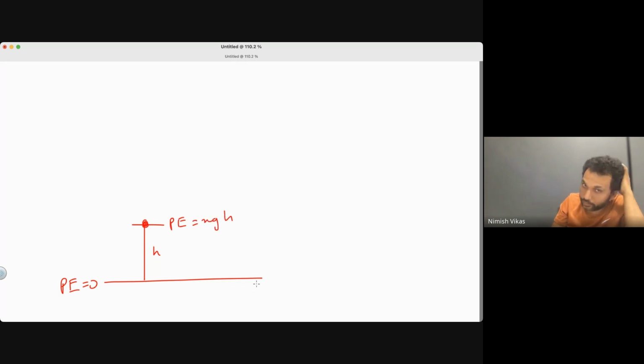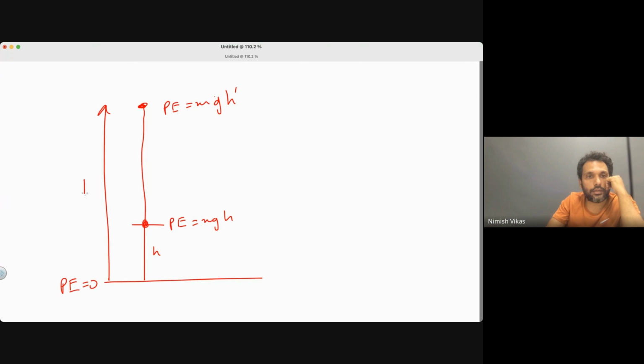Is that clear? If you are even more above it, your potential energy over there is mgh', whatever that h' is. Now this is not true at all if g itself is changing. Is that clear?